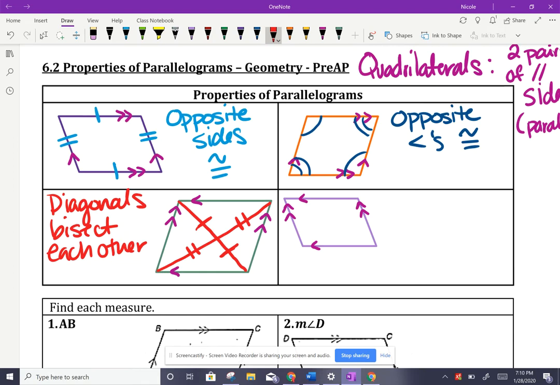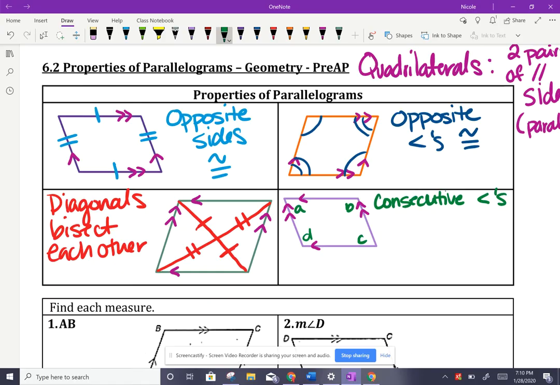Pretty please. All right, the last major one has to do with angles, and I'm going to go ahead and label my angles so they're a little easier to deal with. We're going to talk about consecutive angles. We've talked about consecutive angles before when we were doing parallel lines. Voila, which is why we are here. Parallelogram, parallel lines.